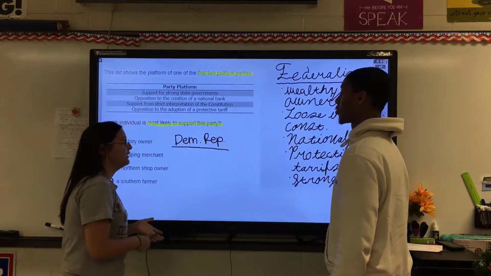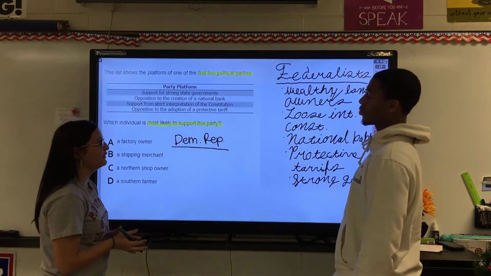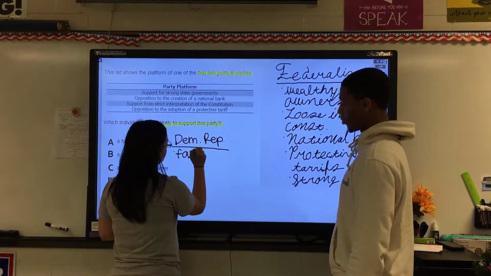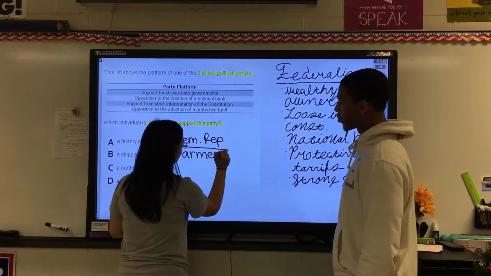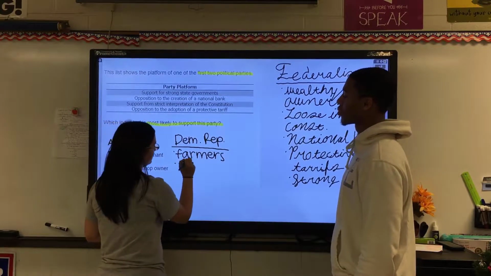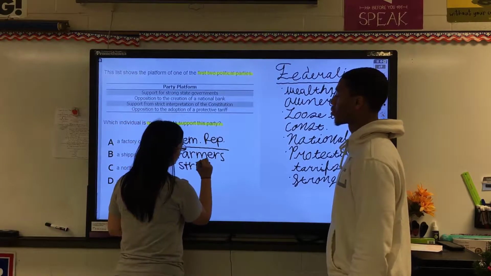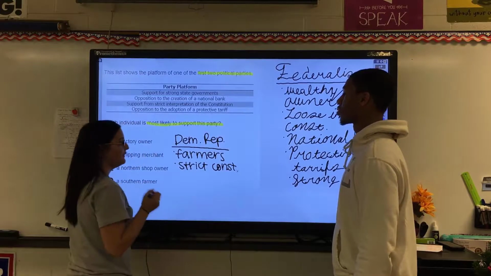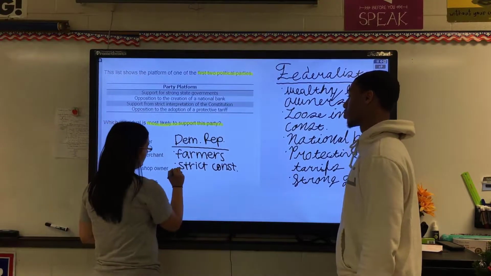I know that the Democratic Republicans are the complete opposite of the Federalists, so they are supported by farmers. They have a strict interpretation of the Constitution. They are against a national bank.